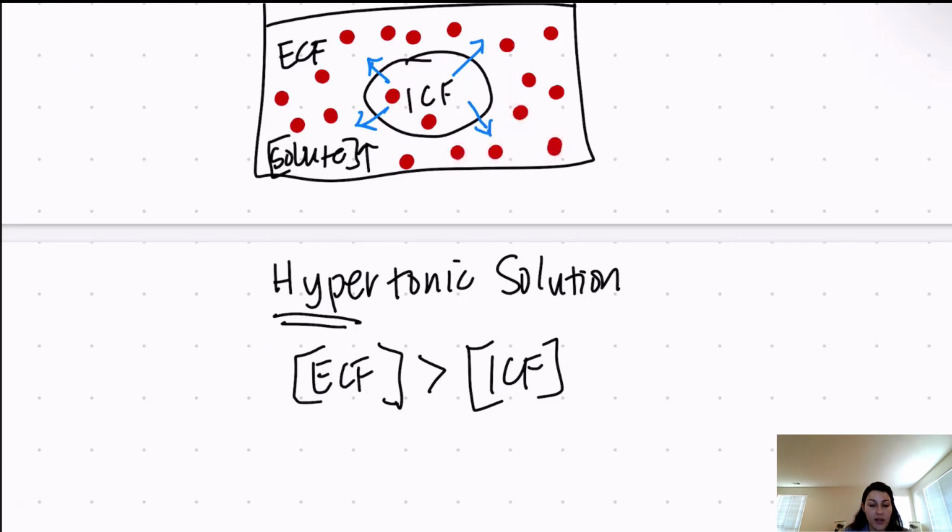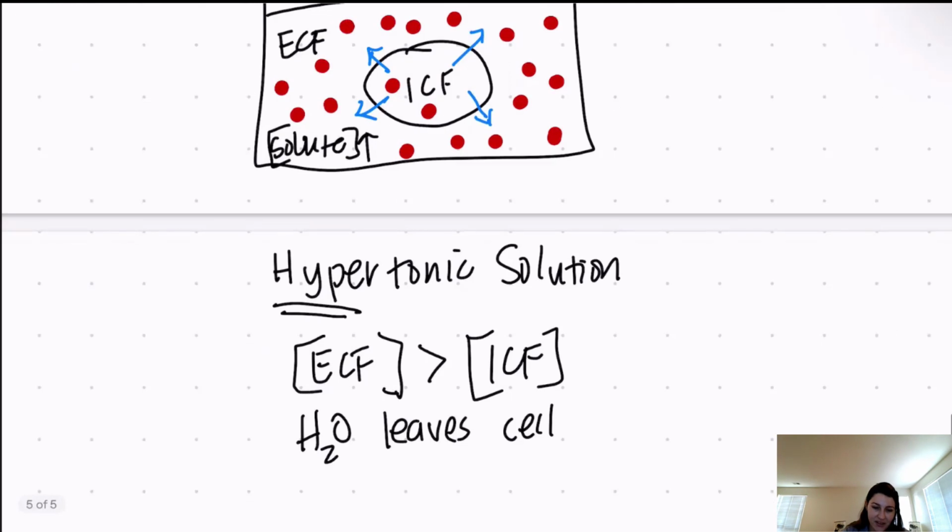So a good mnemonic device to remember hypertonic solutions is that water follows solutes. Water is always going to go where there's more solutes because it's trying to dilute everything. So back here, water leaves the cell. And when water leaves the cell, it loses some of the stuff that's holding it together.